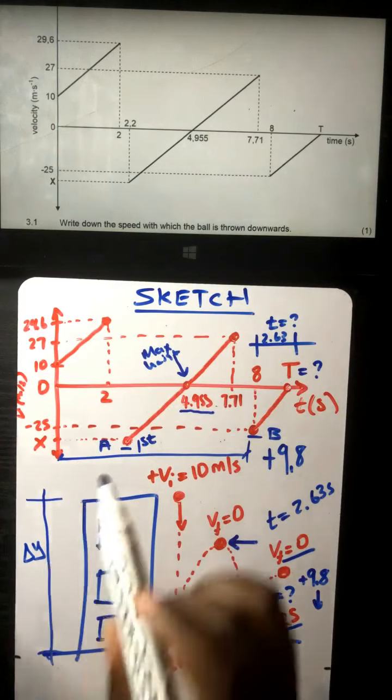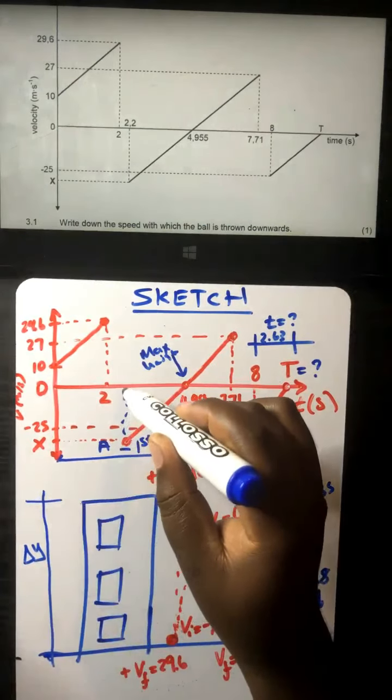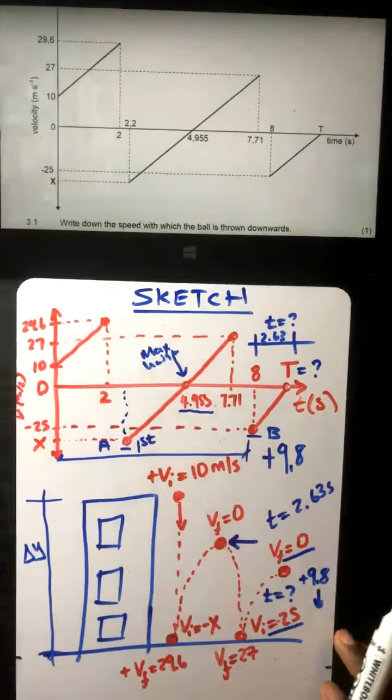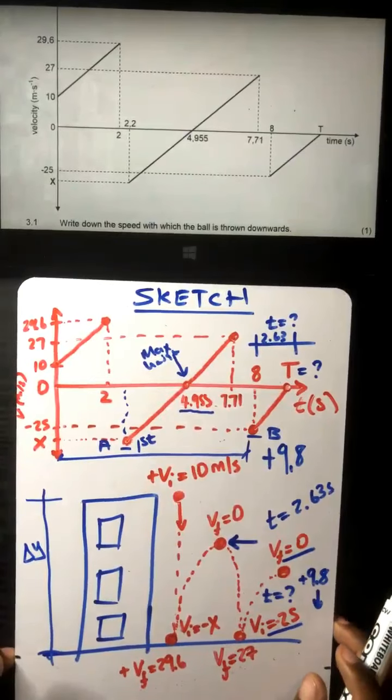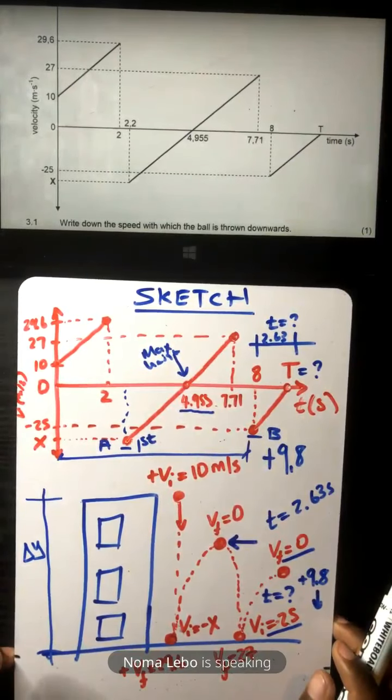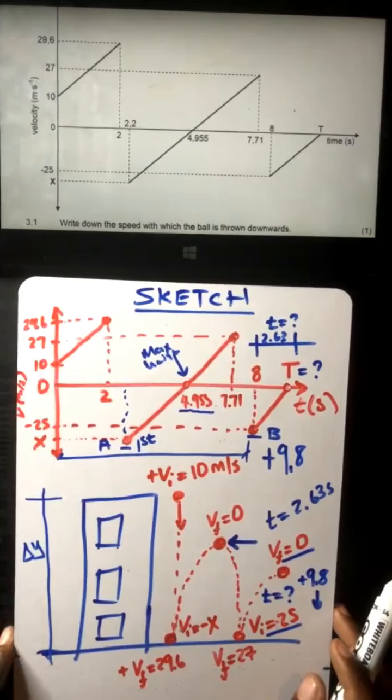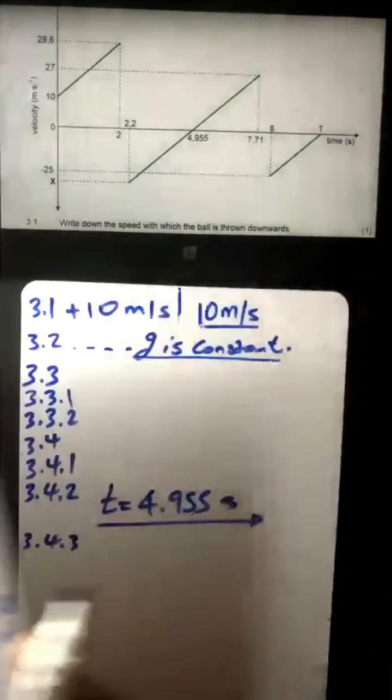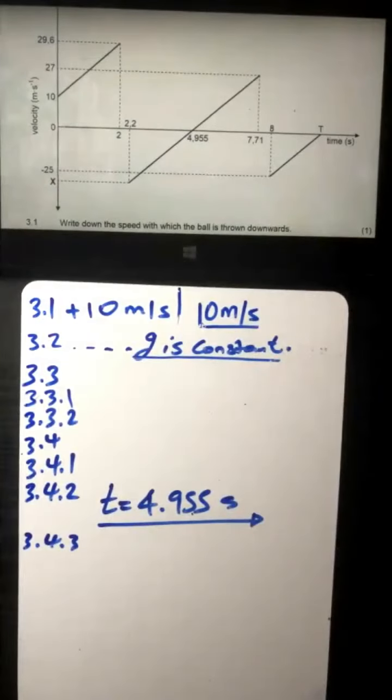Do you want to guess, or you're not able to tell what is that velocity? I'm not able to tell, sir. Okay, I understand. So let's try to check something.